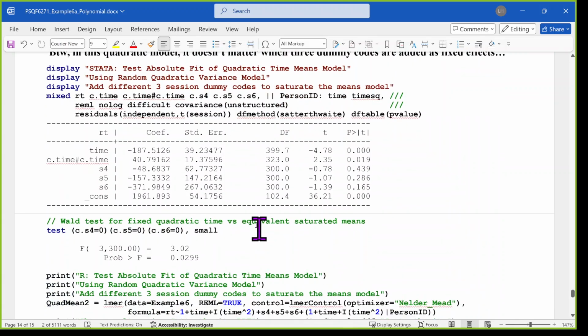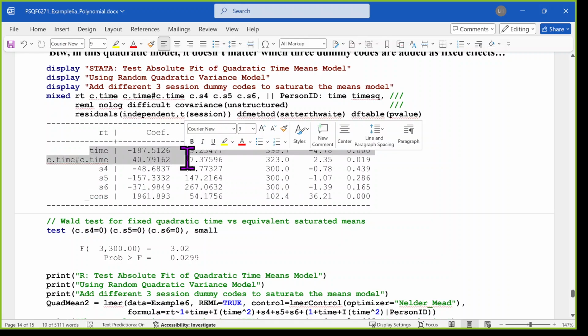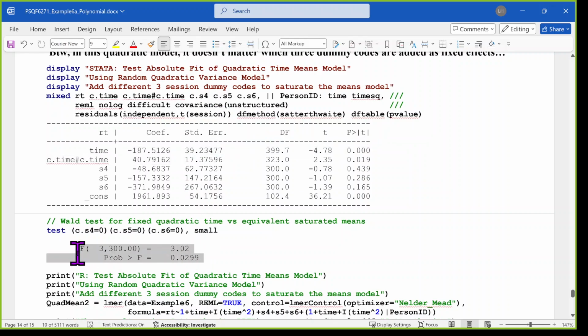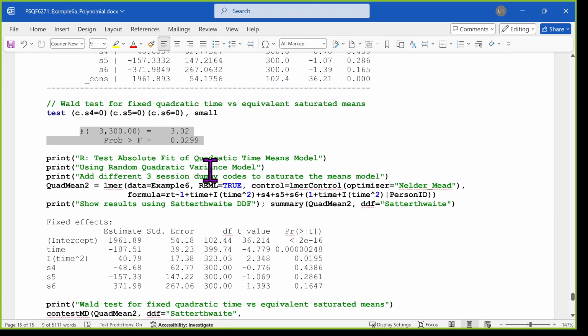And by the way, it doesn't matter in this model which 3 dummy codes you pick. So just to demonstrate that, I did the other 3 for sessions 4 through 6. Now the other parameters in the model have again rearranged themselves based on which ones I picked, but the same exact hypothesis test results.